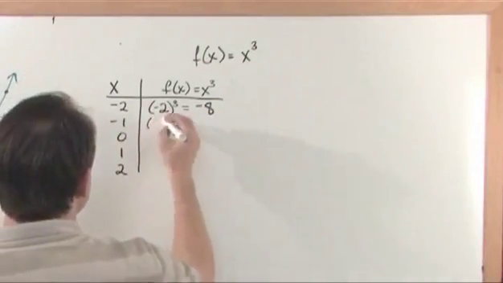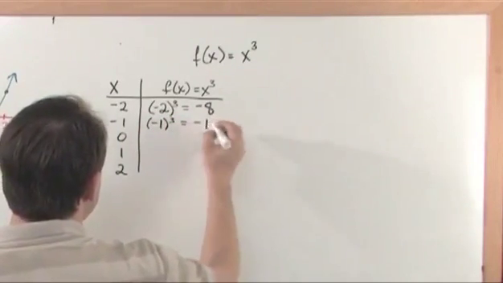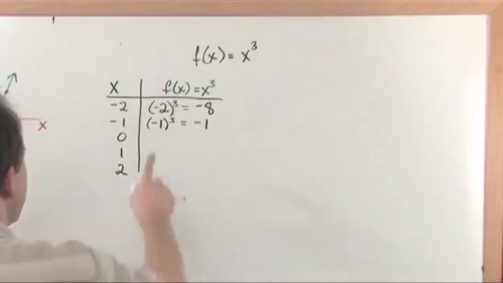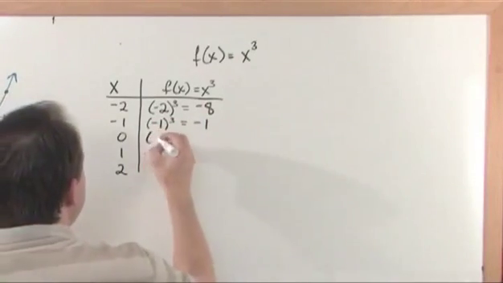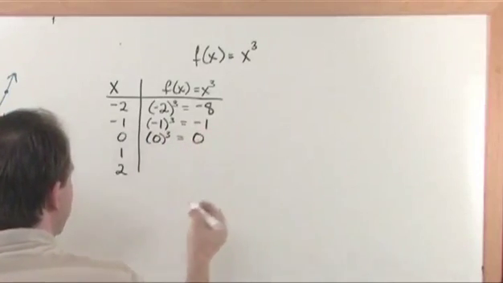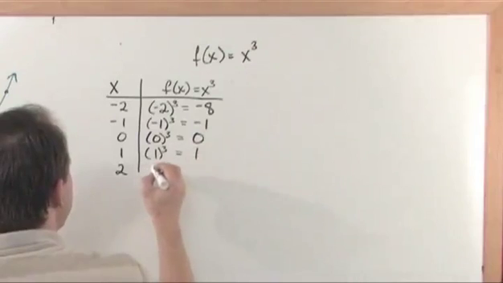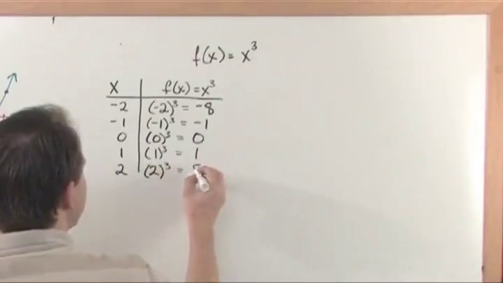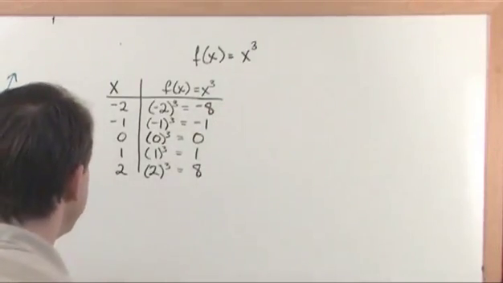For the next one, I have -1 cubed, which is -1, because 1 times 1 times 1 does give me 1, and negative times negative times negative gives you negative. If you put 0 cubed, you get obviously 0. Then 1 cubed, 1 times 1 times 1, is 1, and 2 cubed is 2 times 2 times 2, which is +8. So you see you've got some nice symmetry going on here.